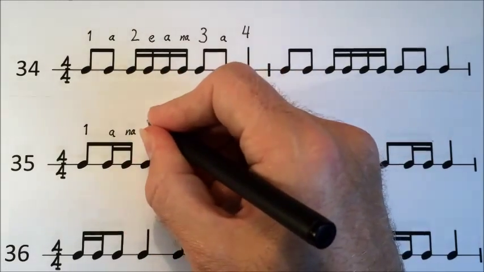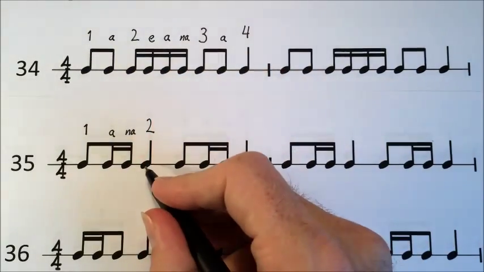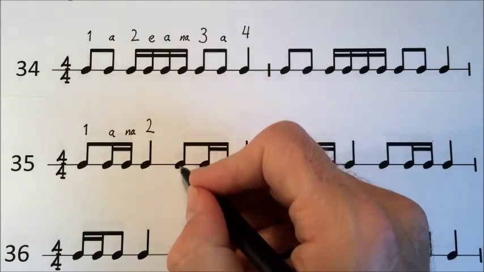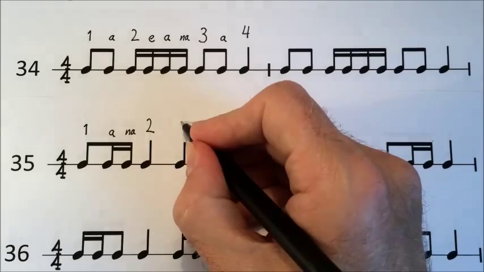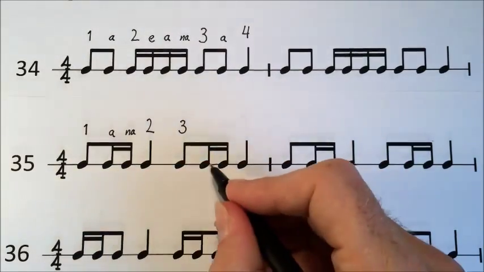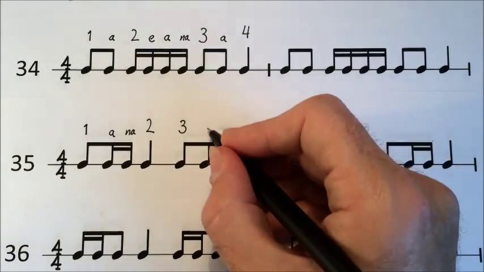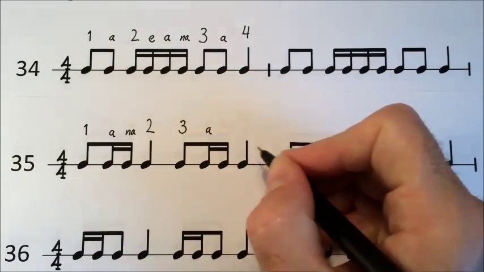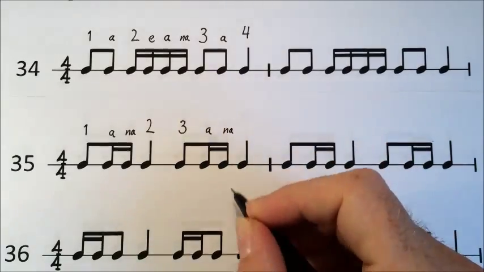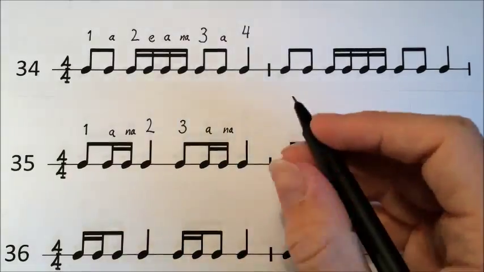After that, obviously you would have second beat, and it's a quarter note, so it covers the whole of the second beat, which means that the next thing we have, which is this note, starts on beat number 3, and it's the same thing that's going on here. So you would have the "and" and the "na" on the last one, so it would be 3 ana.